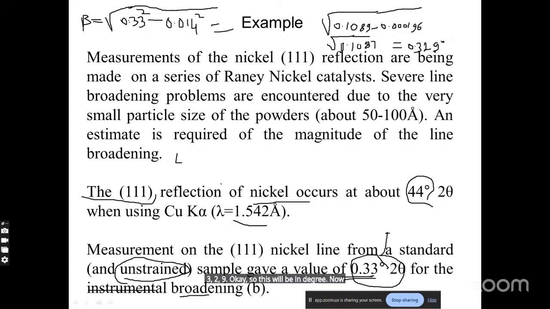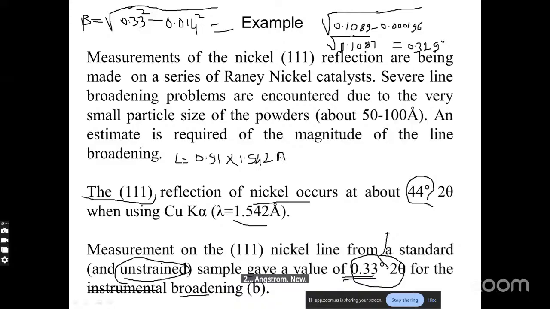Now you go to the formula. L is equal to K lambda divided by beta cos theta. K you can write as 0.91. Lambda is in angstrom, 1.542 angstrom.